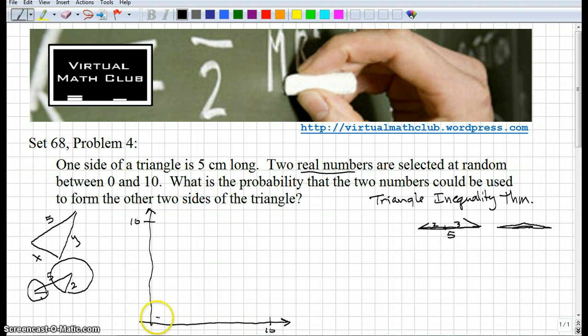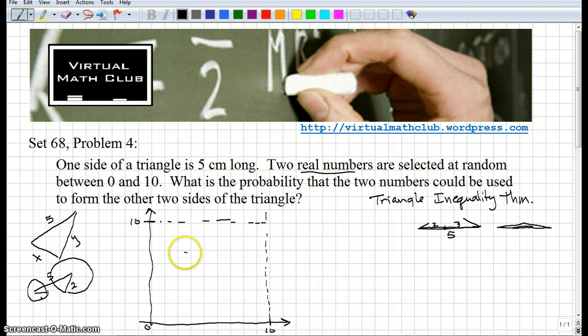We're going to choose something between 0 and 10 for both of these two numbers. So the total possible pairs of numbers that we can choose are going to be in this region, this 10 by 10 square.